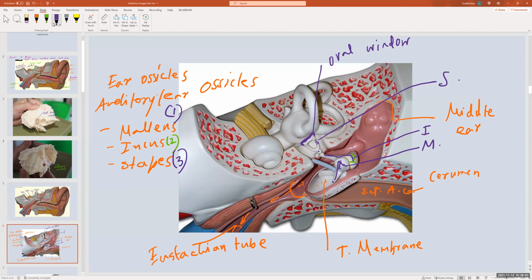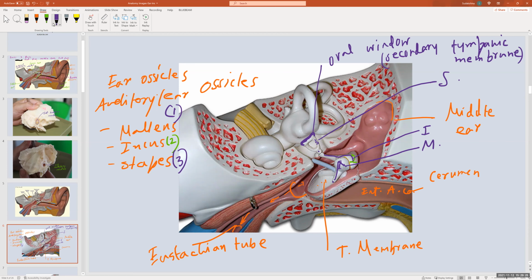This oval window, you will see in a second, is covered by another membrane, which is similar to the tympanic. So you call that secondary tympanic membrane, which is within the oval window.